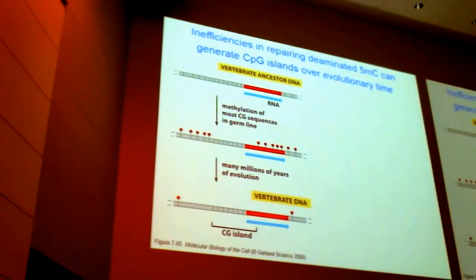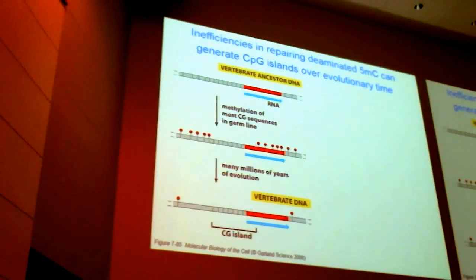So over time, every time you have a methyl CG, you repair it inefficiently and all the methylated CGs will keep changing into TG. The only place where you won't be changing the sequence will be wherever there's CG and it's not methylated.